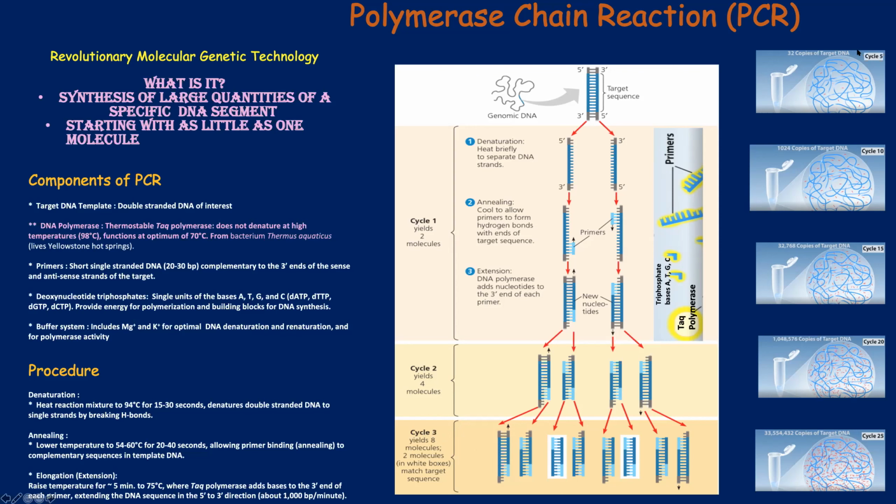After cycle 5, you have 32 copies. After cycle 15, you have 32,000 copies. And after cycle 25, you have 33 million copies. So you can see why it's called an amplification. It amplifies the DNA from whatever you started with to as many copies as you want. If you want more than 33 million, just keep the cycles going.